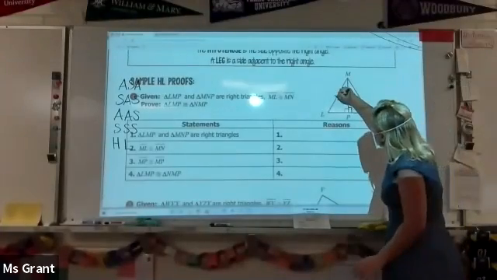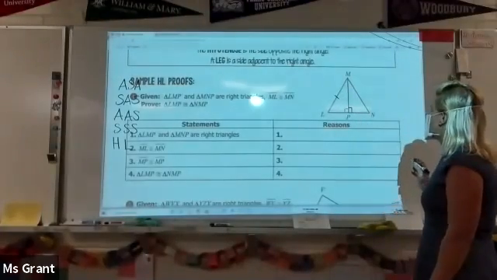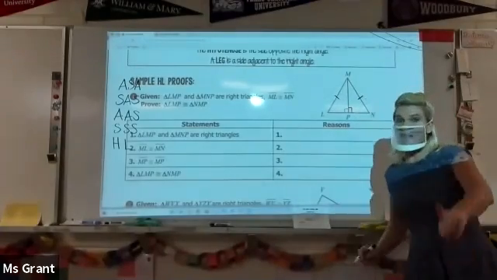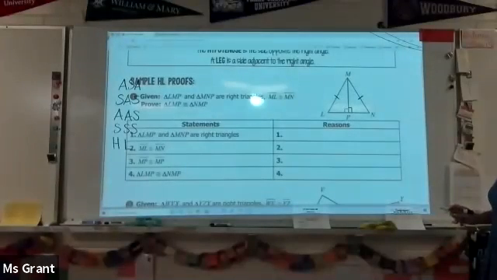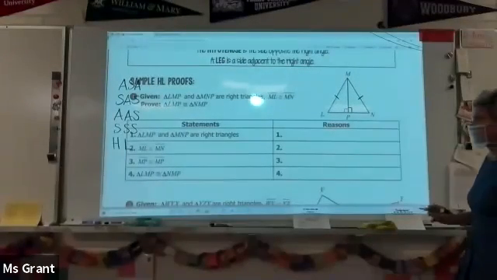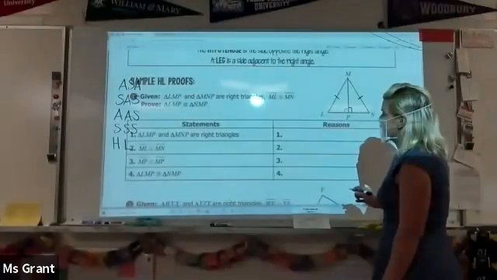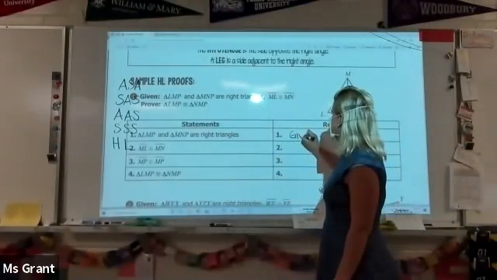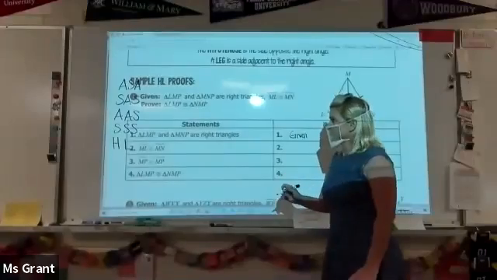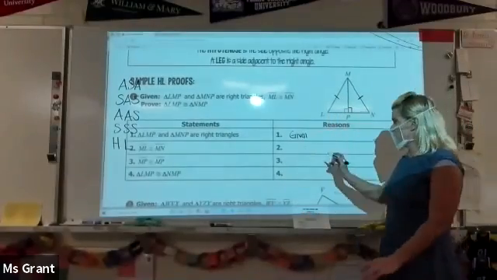ML is congruent to MN. There's my hypotenuse. Triangles are right triangles, given. ML is congruent to MN, given.